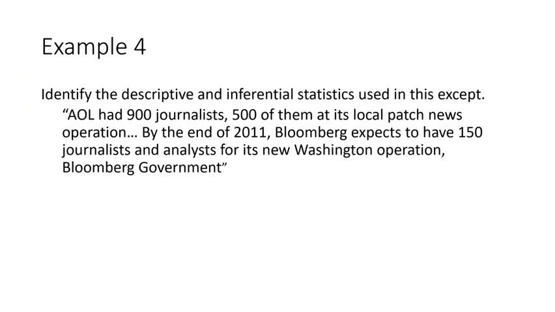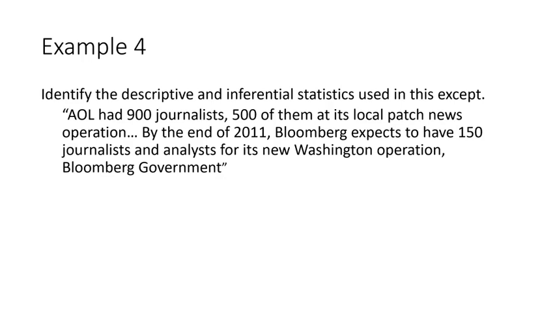This is best seen in an example. This will be our last example for this video. Example 4 says, identify the descriptive and inferential statistics used. AOL had 900 journalists, 50 of them at its local Patch news operation. By the end of 2011, Bloomberg expects to have 150 journalists and analysts for its new Washington operation.